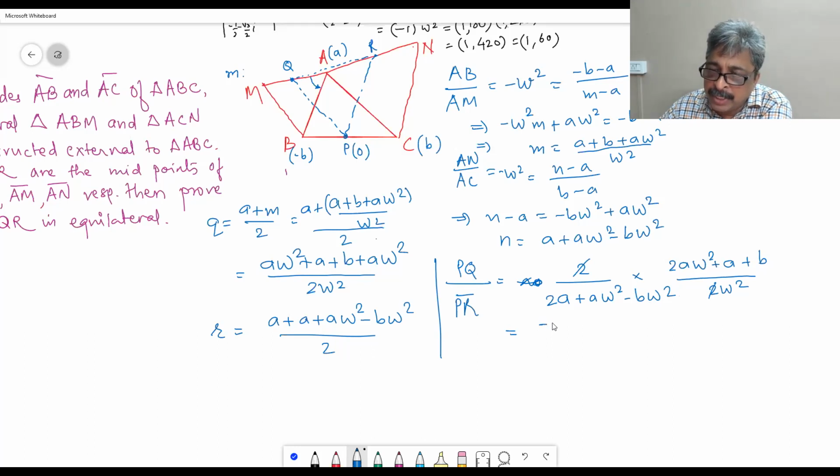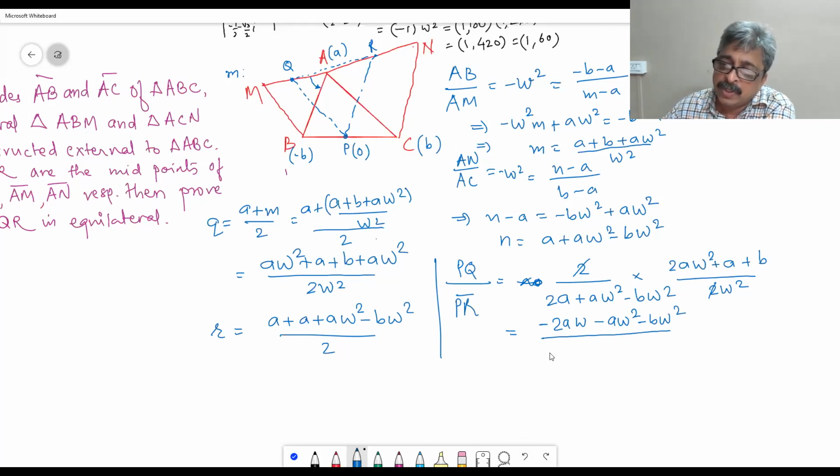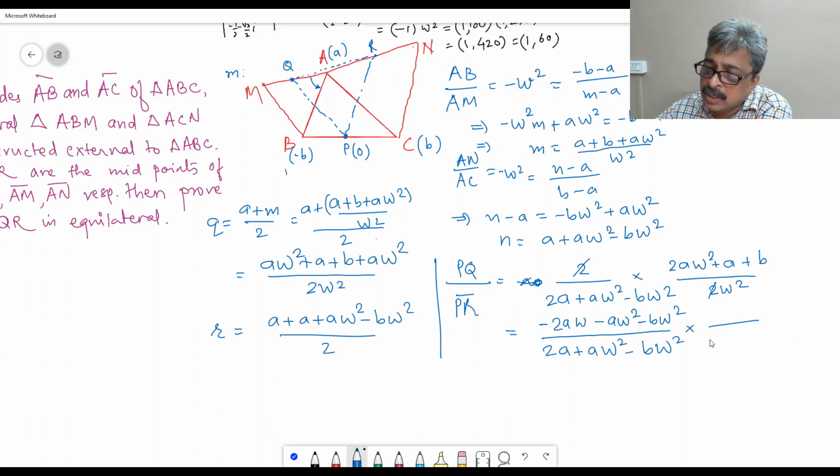Therefore, I get minus 2A omega square into omega, plus, or sorry, minus A omega square minus B omega square divided by 2A plus A omega square minus B omega square. I have multiplied the numerator by minus omega square into omega square.